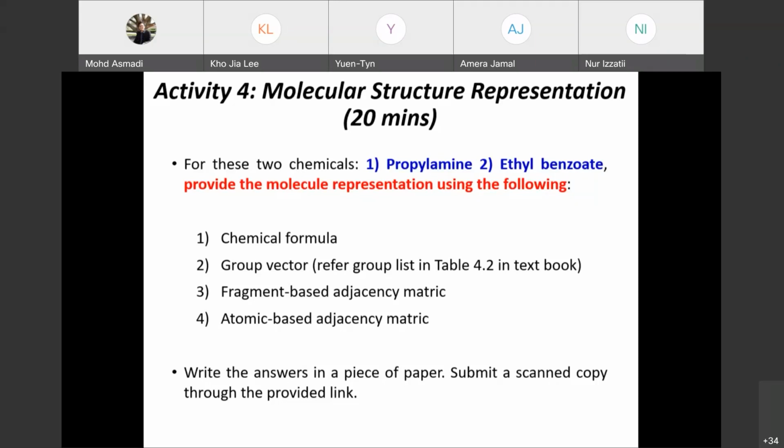Please refer to table 4.2 for the group vector.